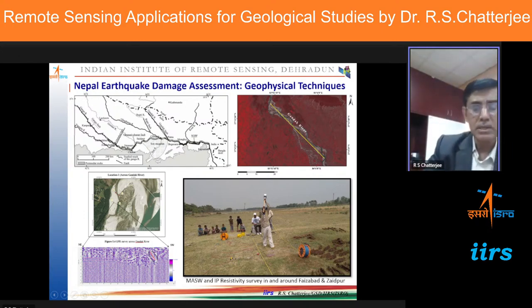That we conducted with ground penetrating radar and the engineering seismograph or MASW. Based on that, we studied the shear wave velocity pattern and the subsurface material properties, and then you can characterize well what kind of damage could take place and what kind of damage has actually occurred.